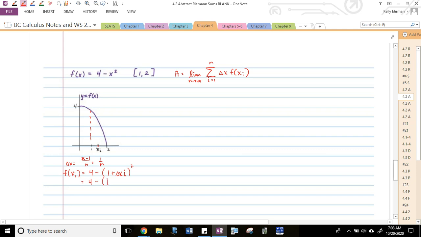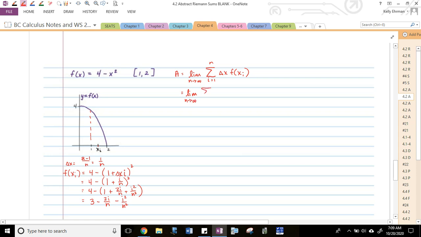4 minus, we know delta x is 1 over n, so this is 1 plus i over n, the quantity squared. And if you want to square that out right now, you could. It'd be 1 plus 2i over n plus i squared over n squared. That would be 3 minus 2i over n minus i squared over n squared. We have two things to plug in.